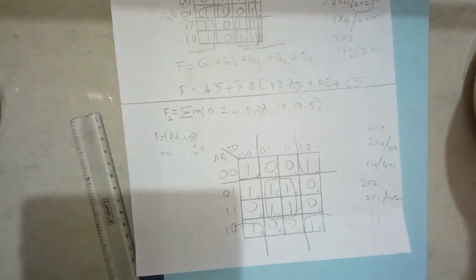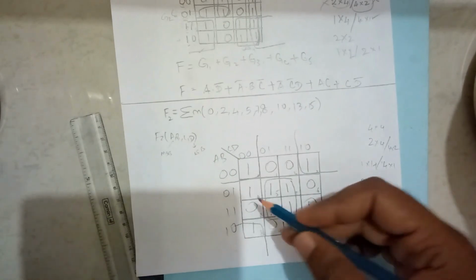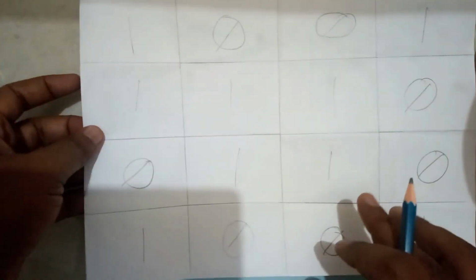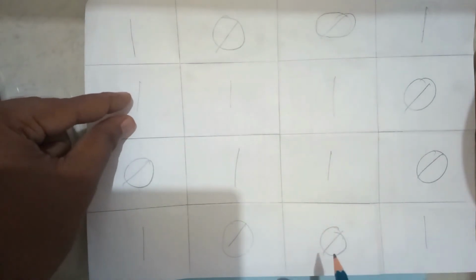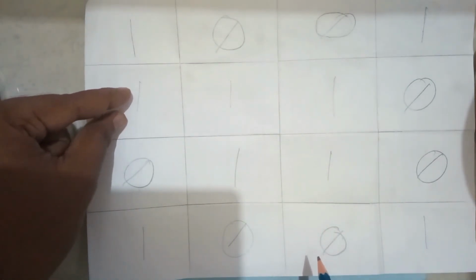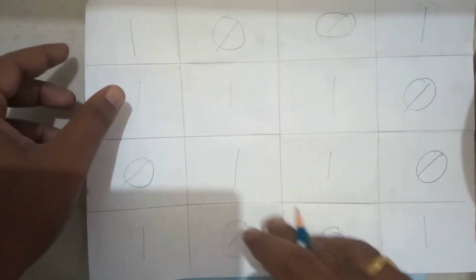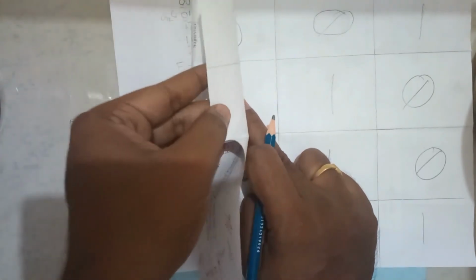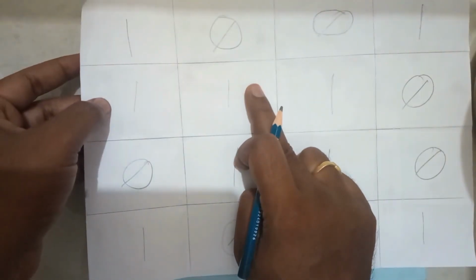Next, are all the ones grouped? No, one particular one is missing. So shall I keep it as a prime implicant without mingling with any other group, or can I group it with another element if possible?